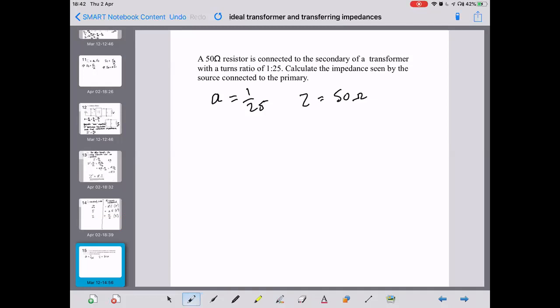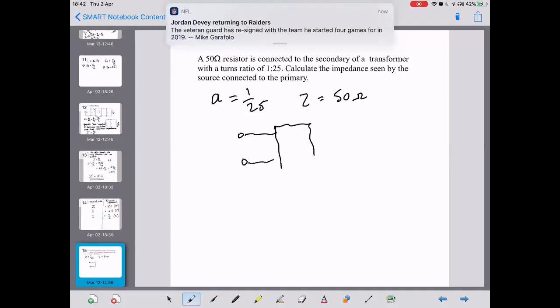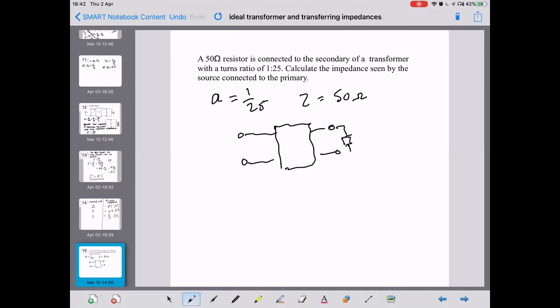So this is what we've got. We've got a transformer here with a load connected this side that is 50 ohms. And the question's asking, what impedance does the generator see? So we simply use this. We've got to find Z dash, in other words.